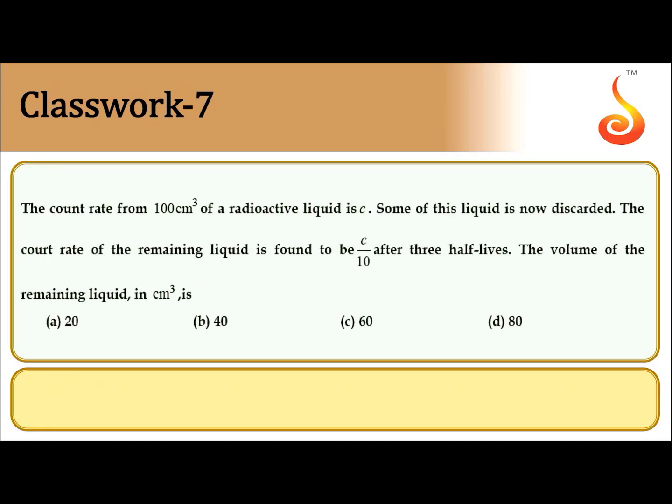Example 7. The count rate from 100 centimeter cube of a radioactive liquid is C. Some of the liquid is now discarded. The count rate of the remaining liquid is found to be C by 10 after 3 half-lives. The volume of the remaining liquid in centimeter cube is.